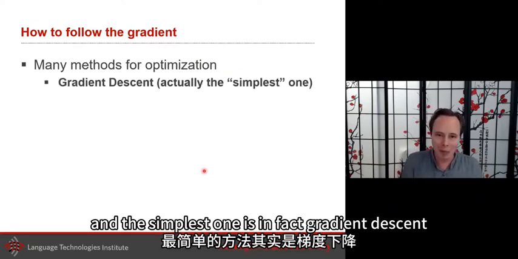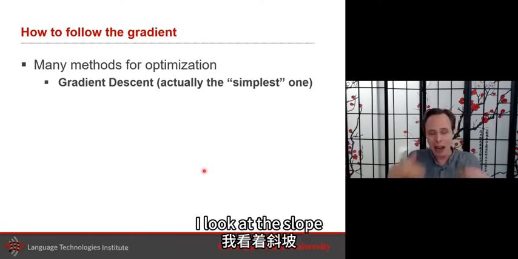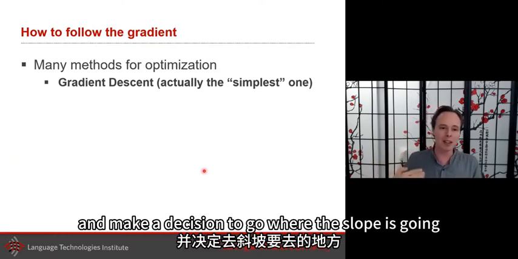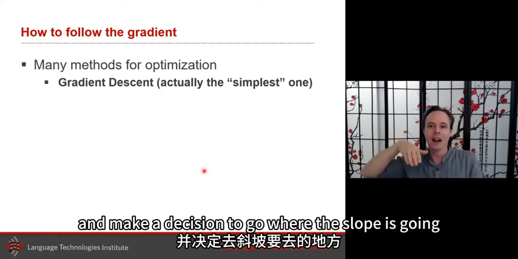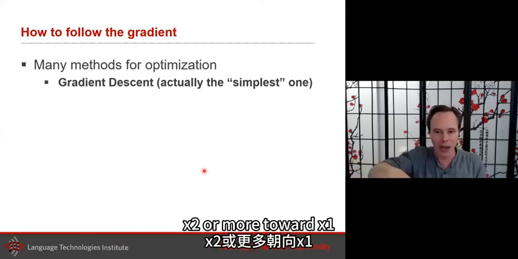And the simplest one is in fact gradient descent. At any point in time, I look at the slope and make a decision to go where the slope is going down, more toward x2 or more toward x1.